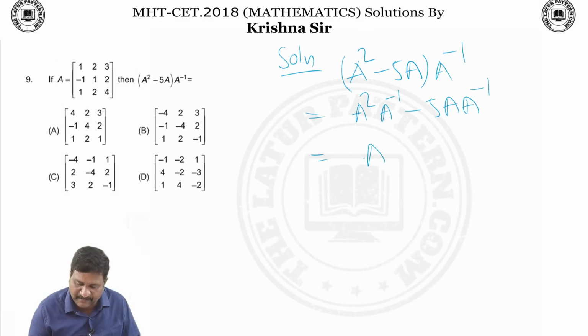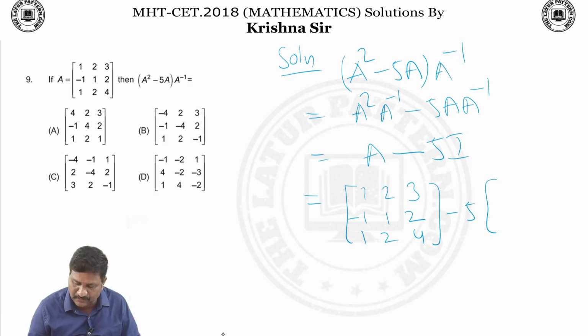Then A power becomes 2 minus 1, A, minus 5 into A into A inverse is identity. Now the A matrix is given, that is 1 2 3, minus 1 1 2, 1 2 4, minus 5 into identity of 3 by 3, which is 1 0 0, 0 1 0, 0 0 1.